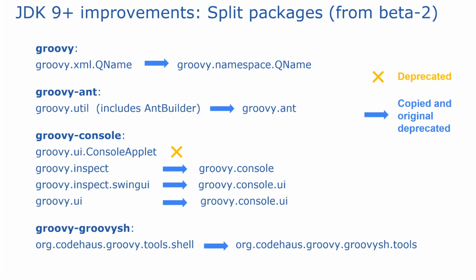Well, we've taken a little step back from that. We thought the impact on the community would be quite large. So in Groovy 3, there are both the newly named versions of everything that's fully compliant with the split package requirement, as well as all the original classes, and they're deprecated.